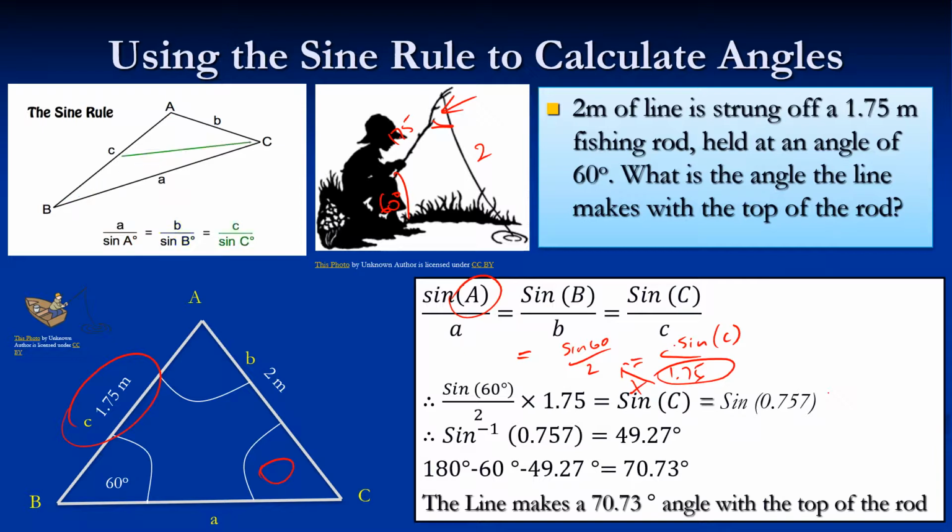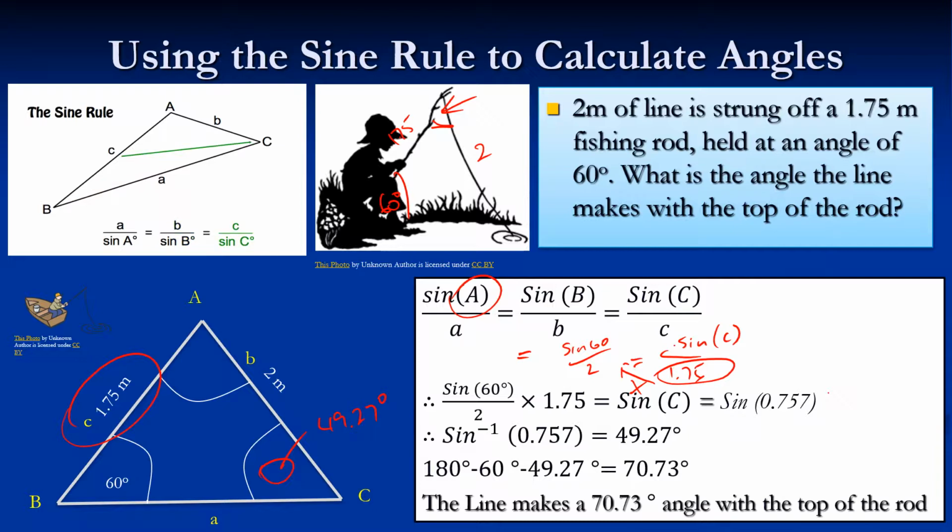Sine 60 over those 2 meters times the 1.75 meters should give you sine C. So we just go shift sine of that, and that will get you 49.27 degrees.